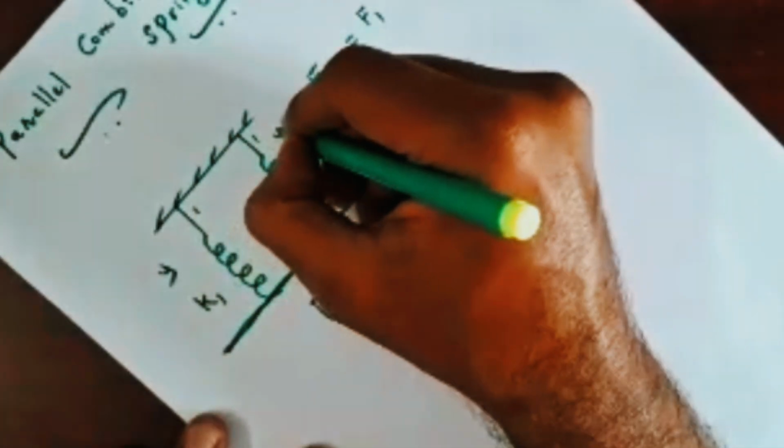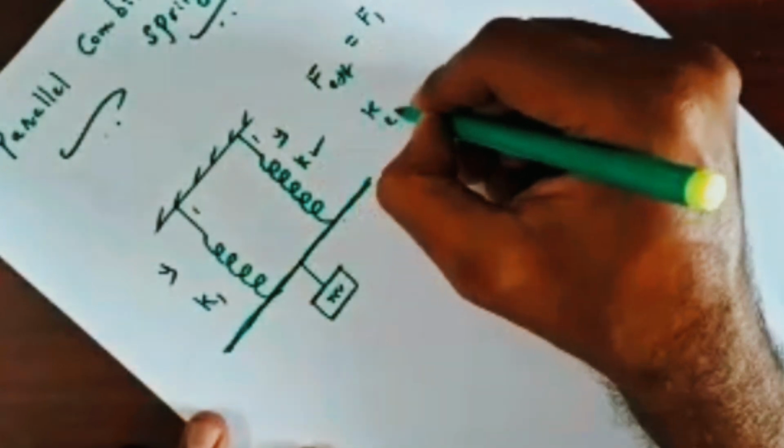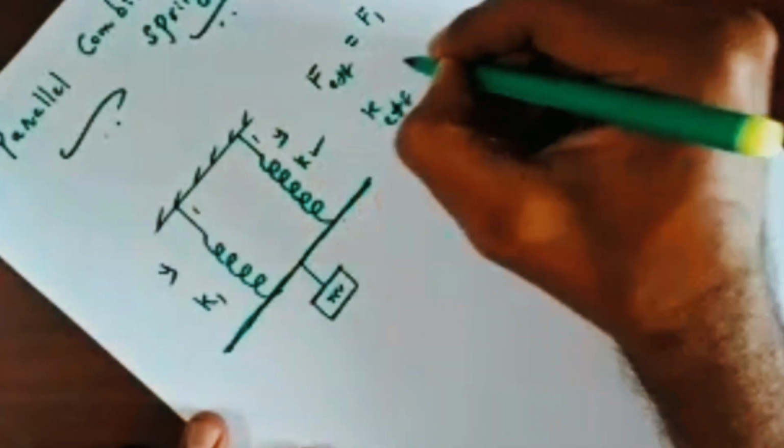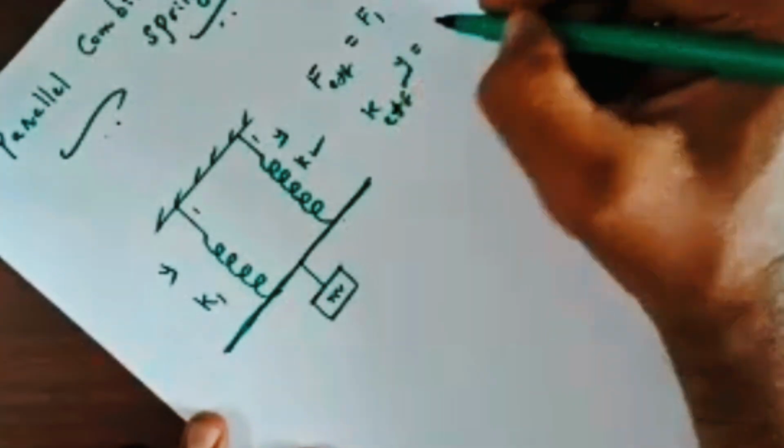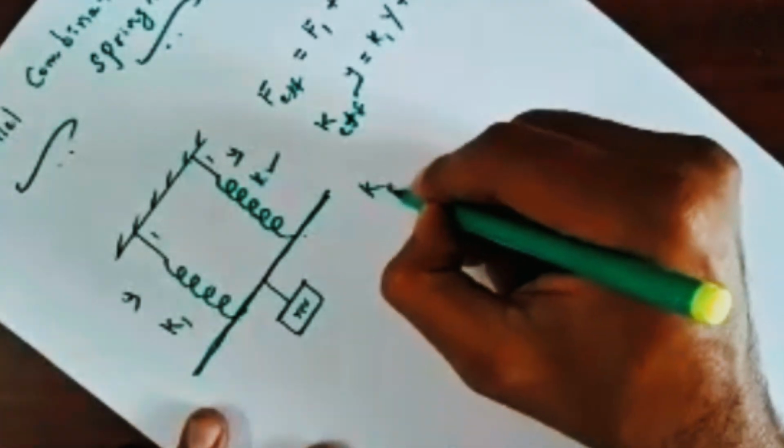But the extensions are the same here. The extensions in the springs are the same. The extension in the first spring is Y. The extension in the second spring is also Y. So F effective is equal to, how do we consider that? K effective into Y is equal to F1 K1 into Y, F2 K2 into Y. Take out the Y as common and cancel.